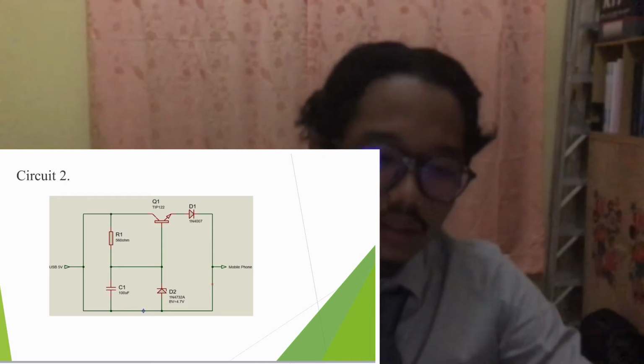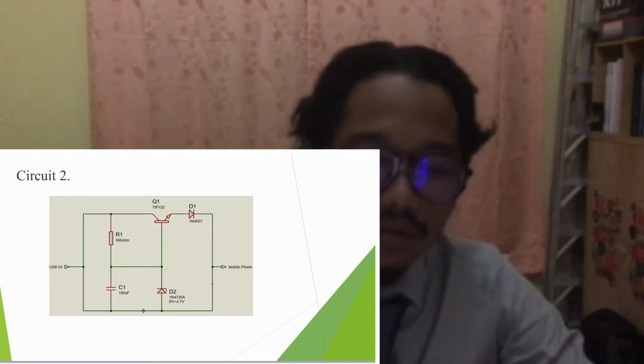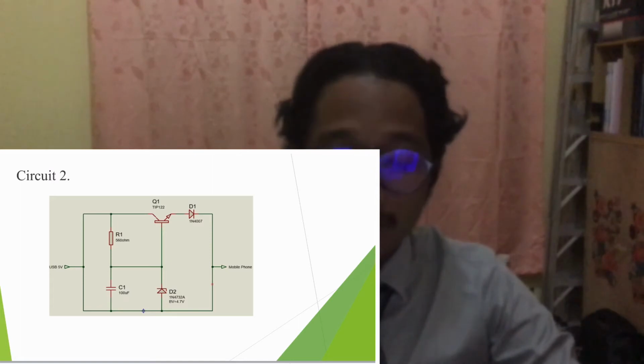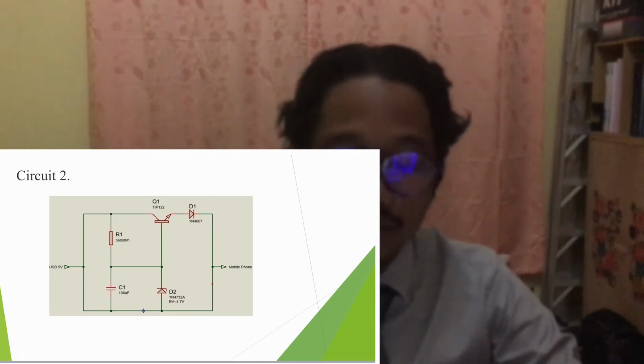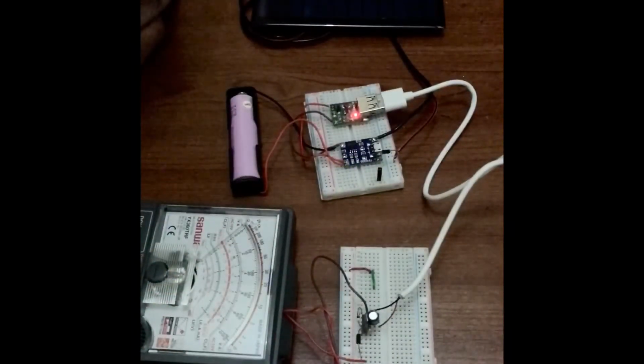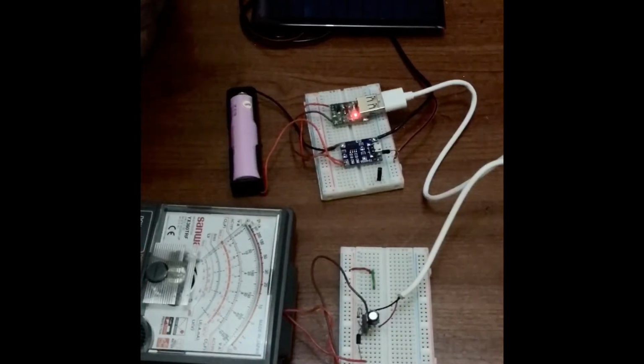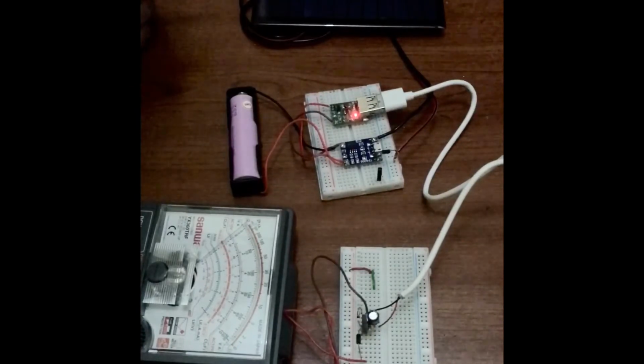Okay, for the result, I will put a video of the project simulation. In this video I will show how my project, the solar mobile charger, works. This is the 12 volt solar panel.